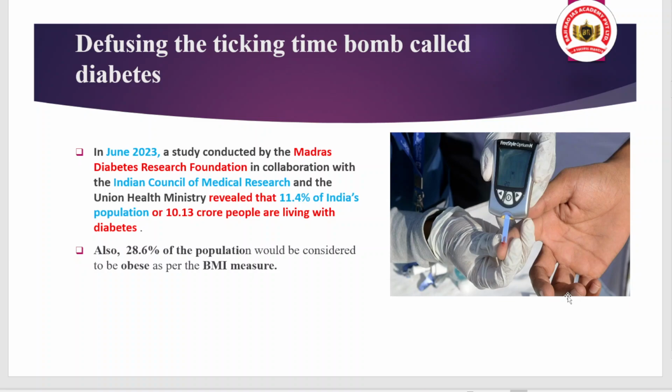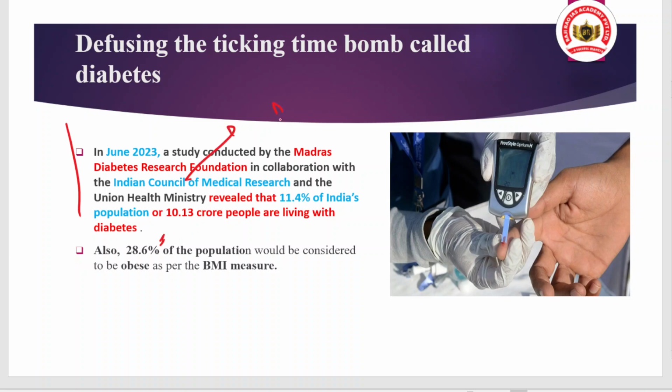Recently we discussed an article about hypertension and blood pressure because of the increase in salt intake. All of that we have discussed, but our focus here is on diabetes. Recently, in June 2023, a study conducted by the Madras Diabetes Research Foundation in collaboration with the Indian Council of Medical Research and the Union Health Ministry revealed that 11.4% of India's population is living with diabetes.